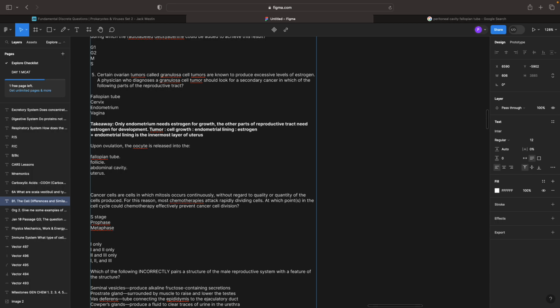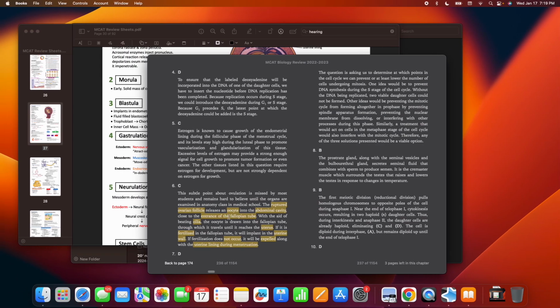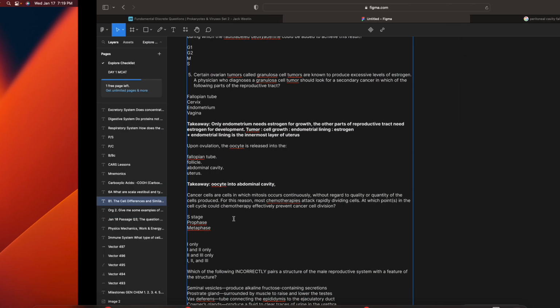So we must have a takeaway here. Oocyte into abdominal cavity. Secondary oocyte, right? This abdominal cavity is the entrance of the uterus, right? Entrance of fallopian tube.